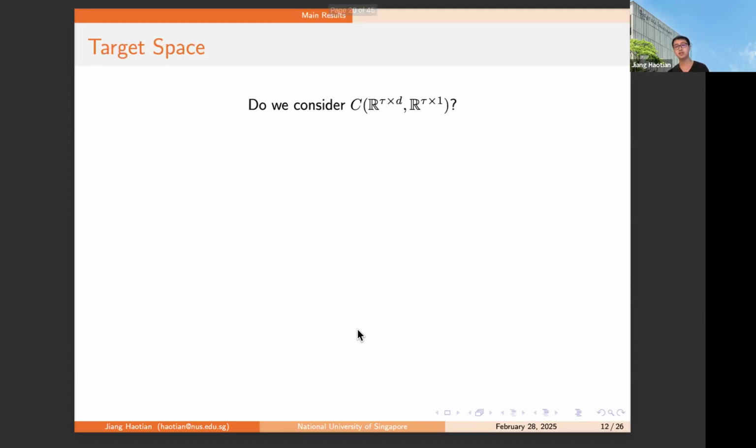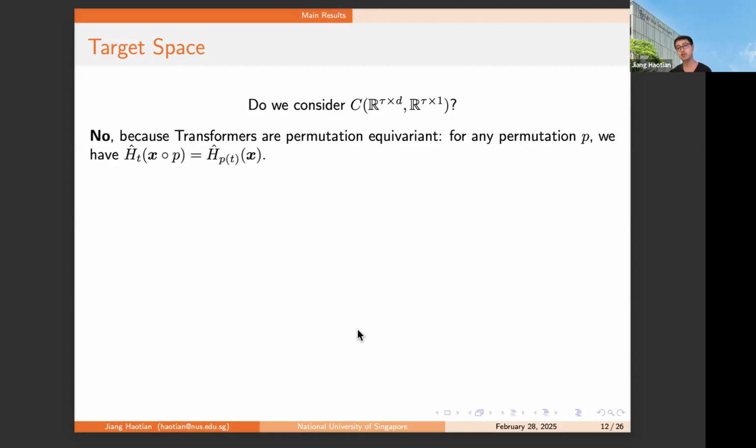For the target space, do we consider all the continuous functions from the domain to the range of the transformer? The answer is no, because transformers are permutation equivariant, which means that for any permutation P, if we permute the input, the output will be permuted in the same manner. So this says that the transformer can only approximate targets that have the permutation equivariant property.